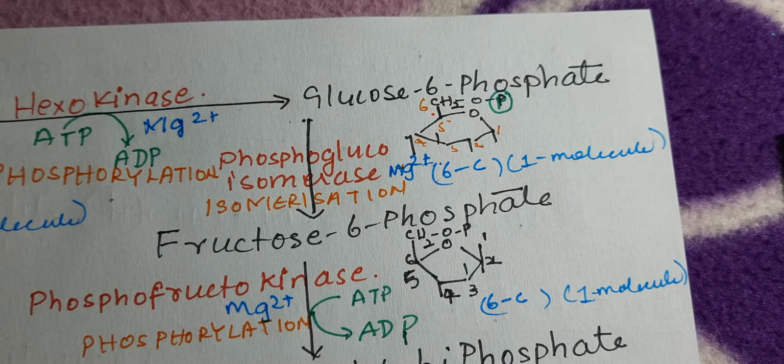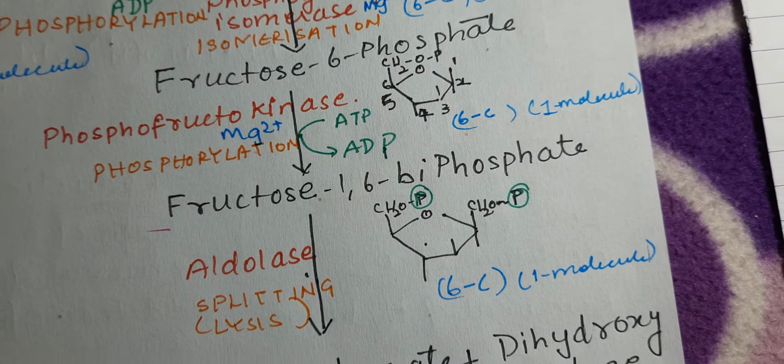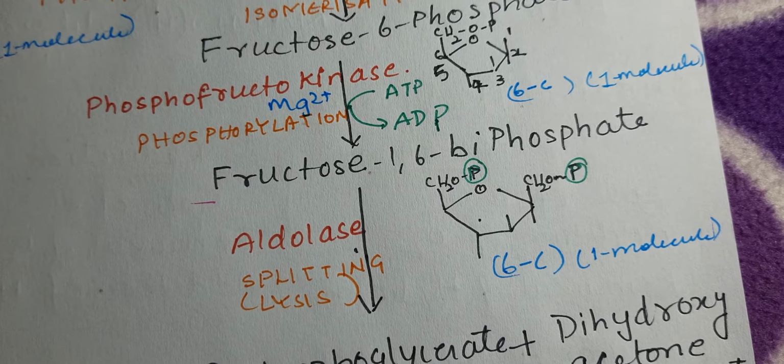Now this is called the energy spending phase, because here and here the ATP are used up, okay, and phosphorylation is done. The next step is that fructose 1,6-bisphosphate is split into two molecules. Glucose and fructose 6-phosphate are one molecule.